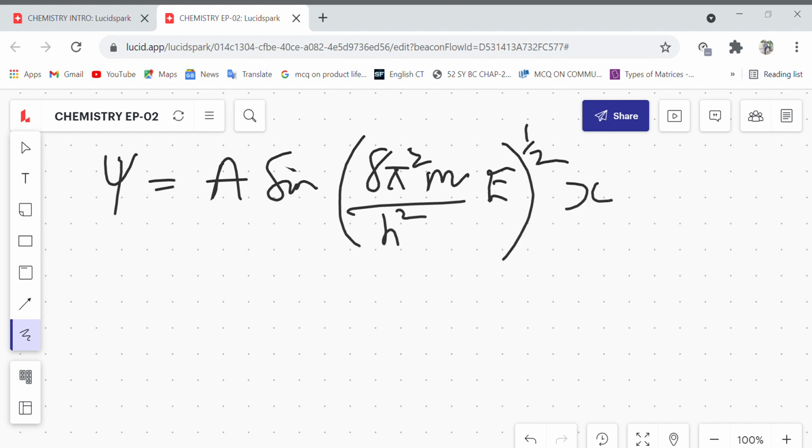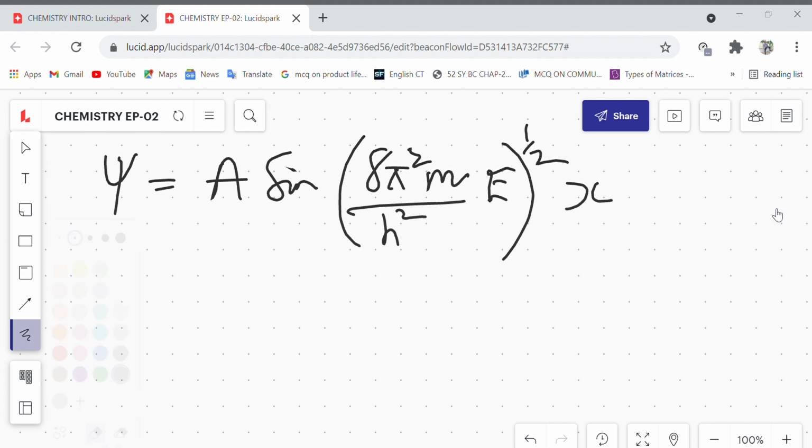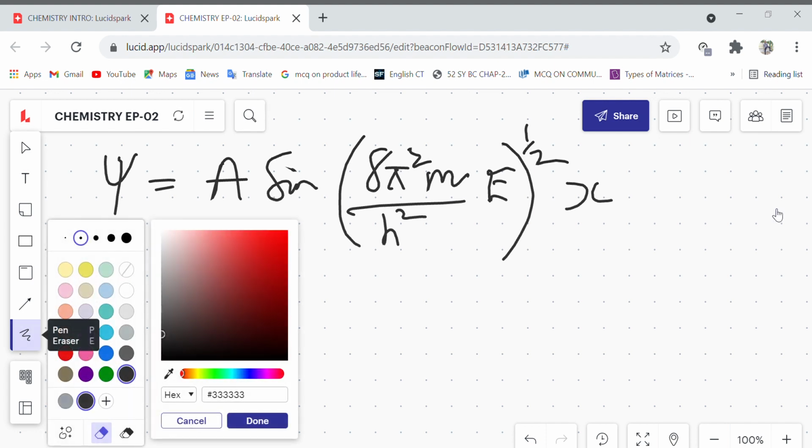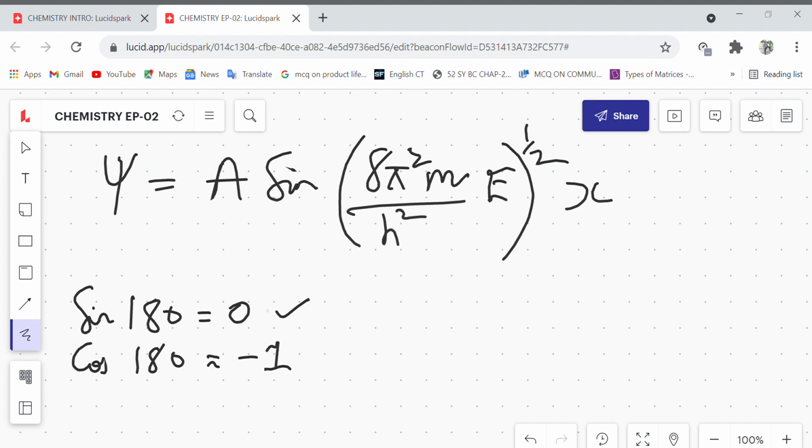So this was the condition. Sine 180 is 0. Cos 180 is minus 1.